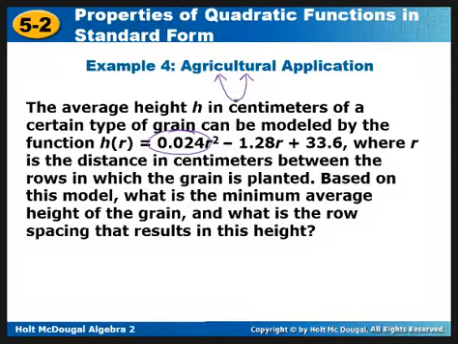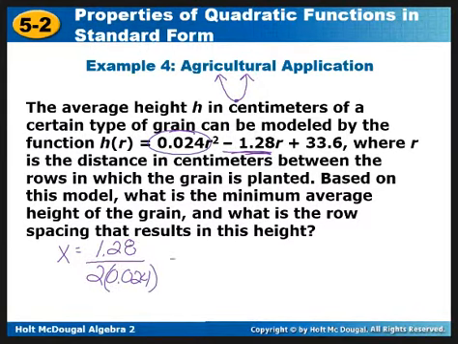I start the same way I did before. x equals negative b, which is actually going to be positive 1.28, over 2 times a, which is 0.024. If you have your calculator handy, which you're probably going to need for something like this, we take 1.28 and divide it by what we get on the bottom, which is 0.048.